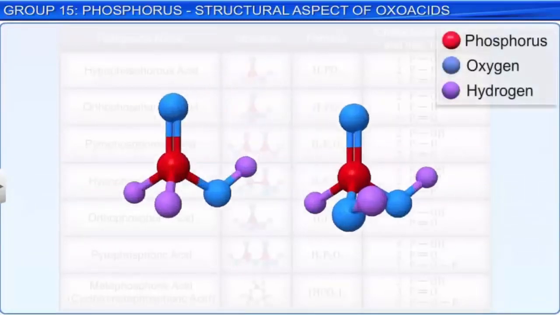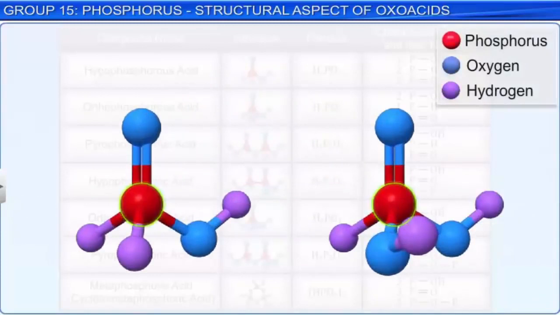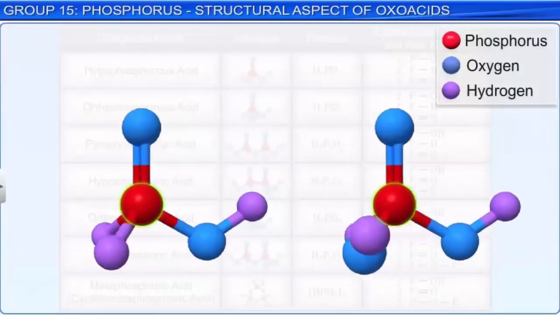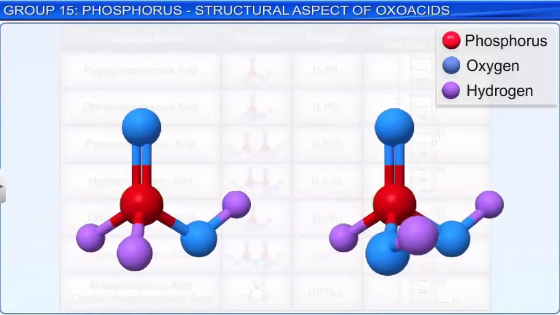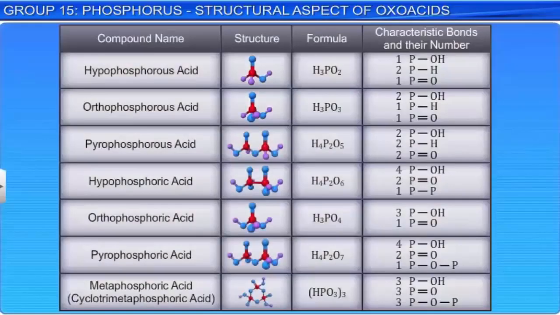In all of these oxo acids, the central phosphorus atom is surrounded tetrahedrally by other atoms. At least one P=O bond and one P-OH bond are essentially present in all of these oxo acids.